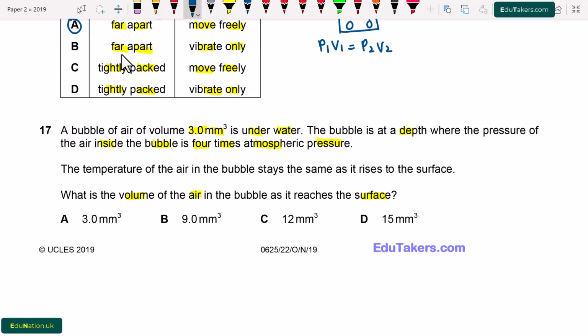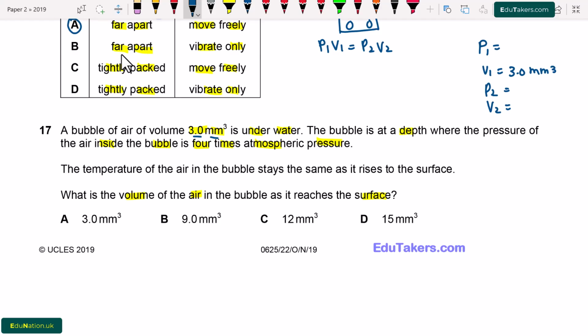It is given that the bubble of the air volume 3.0 mm cube is underwater. So I consider P1, V1, P2 and V2. First of all, V1 is given 3.0 millimeter cube.